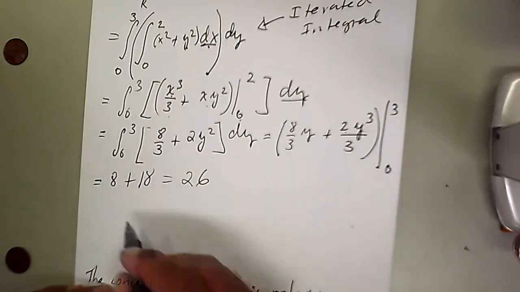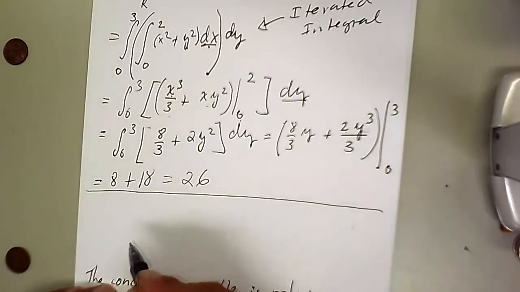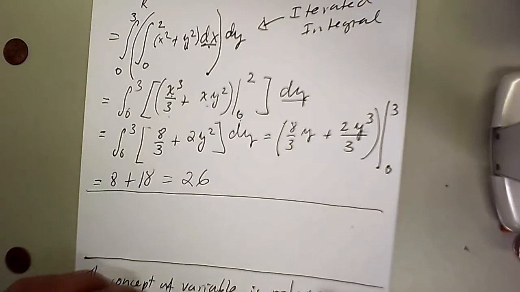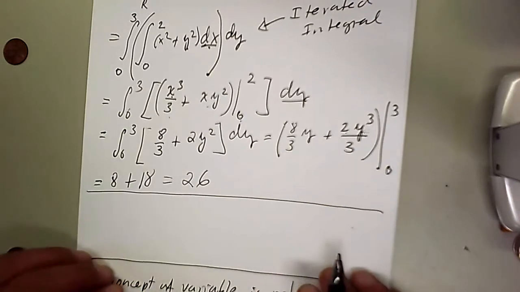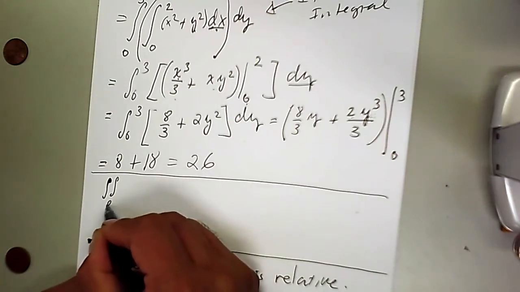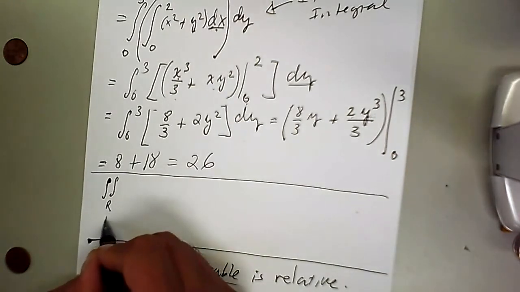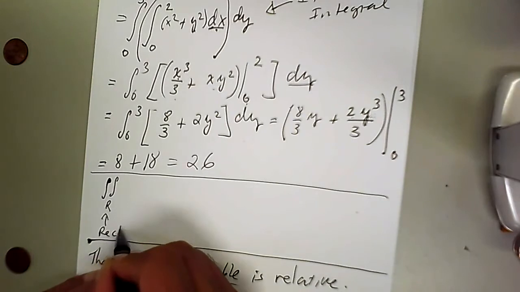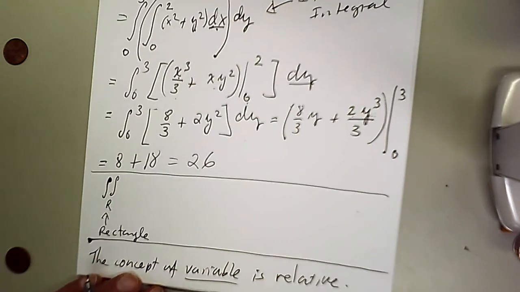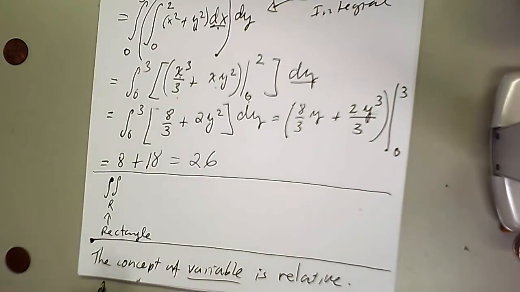Let me squeeze in the last thing I want to say about this. Well, there are two things. A double integral, as long as we are over a rectangle, mind you, this has to be a rectangle. For general shapes, we're going to address that in a future video.